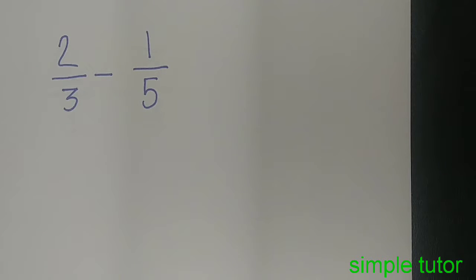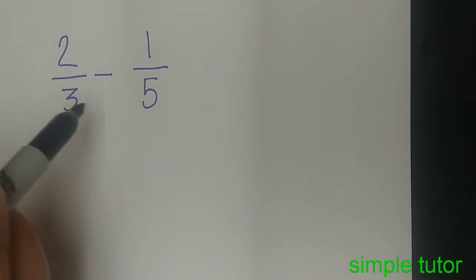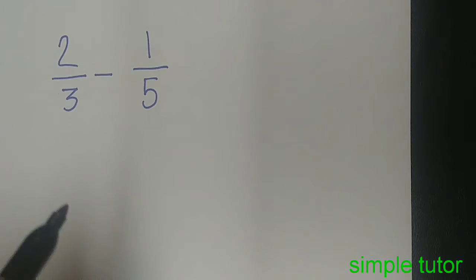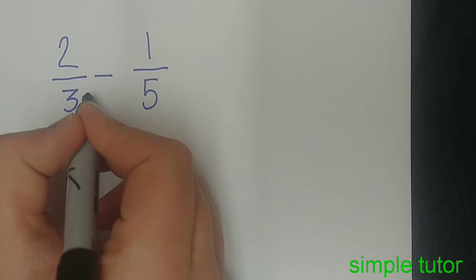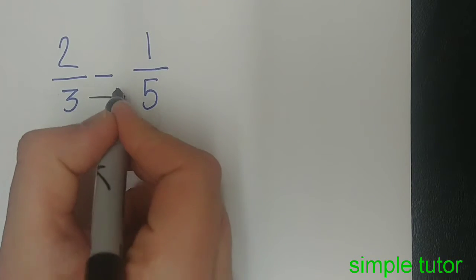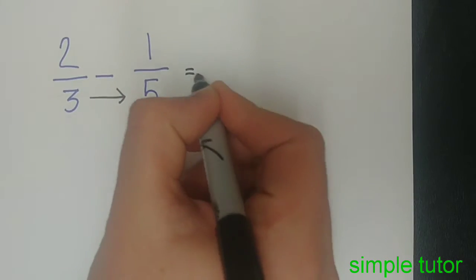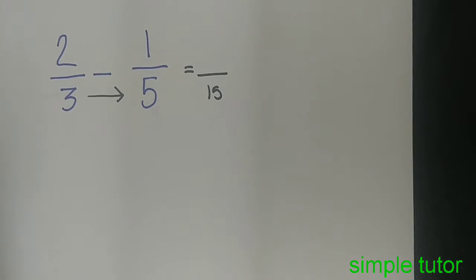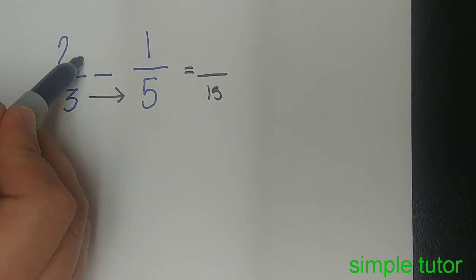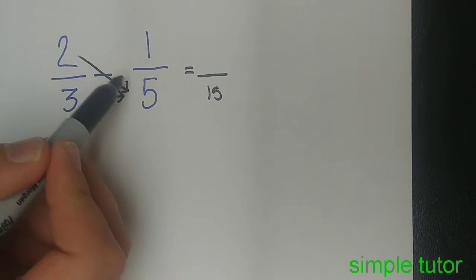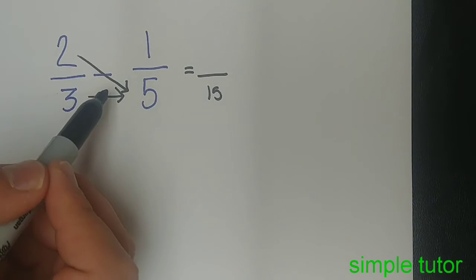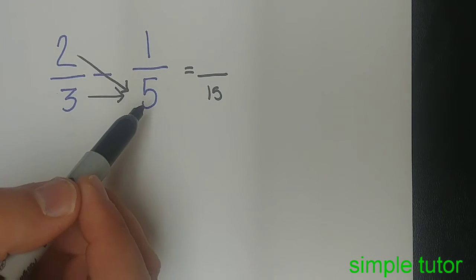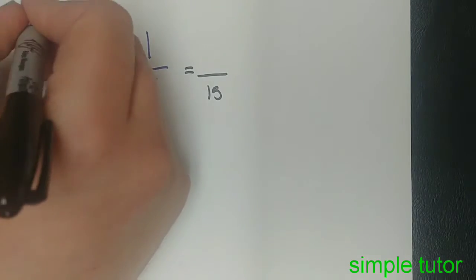So I'm guessing you gave this a try. We're going to use that same little technique. I don't like the other way I taught in the other video, so I'm more comfortable with this one. 3 times 5 equals 15. So that's our denominator. Now we're going to take the top and multiply by the bottom. So top left multiplied by the bottom right, we're going to get 10.